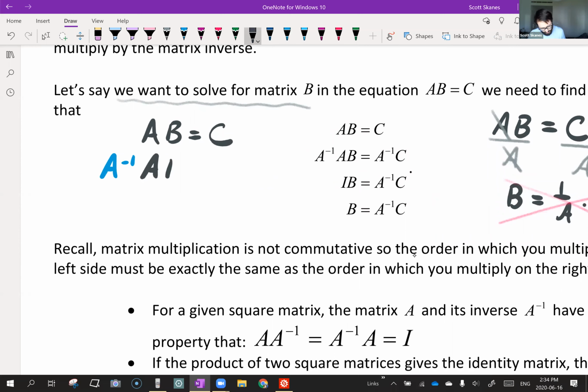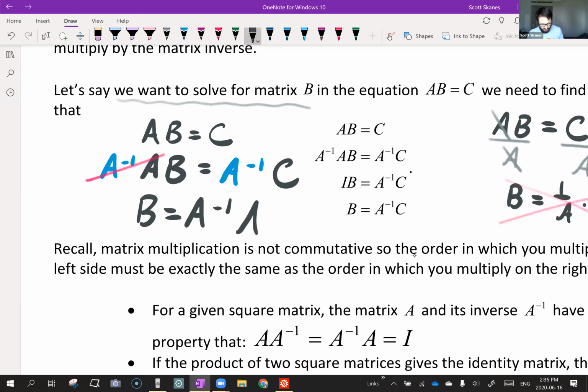The inverse of A times A will cancel and disappear, but we have to do the same thing to both sides. That's the same as dividing. So our answer is B is whatever this mysterious inverse of A is, times C. In order to get these answers, we just need to find the inverse of the matrix, which is only a really quick 2 or 3 step process.